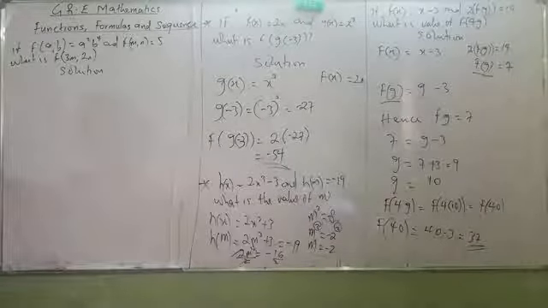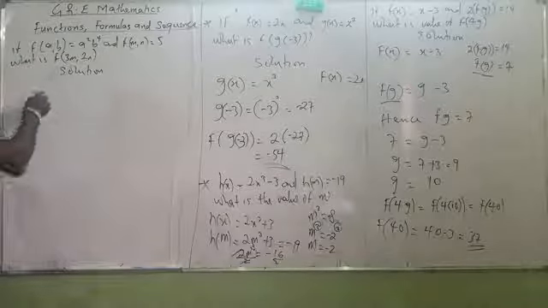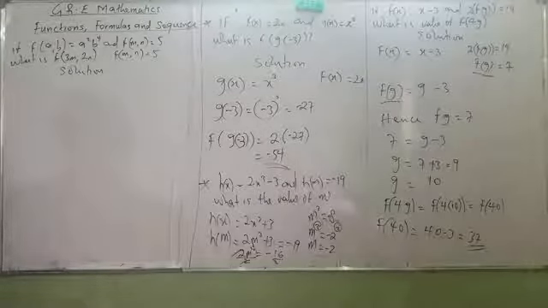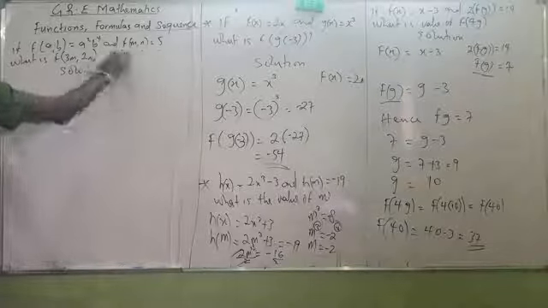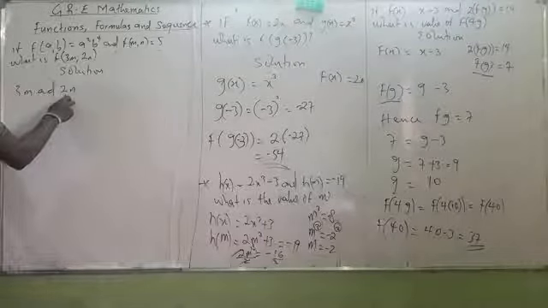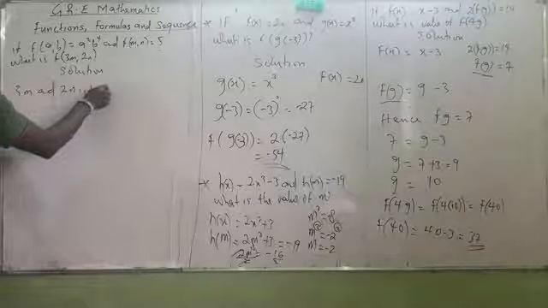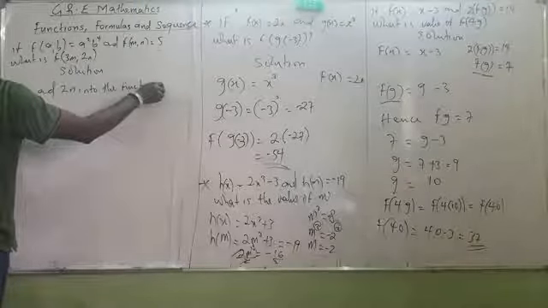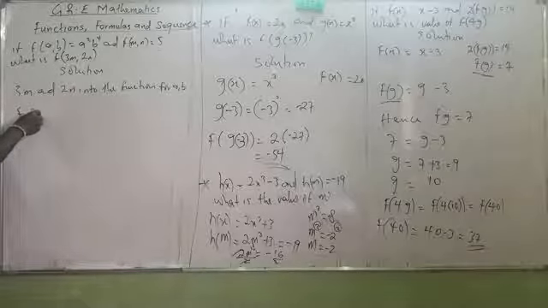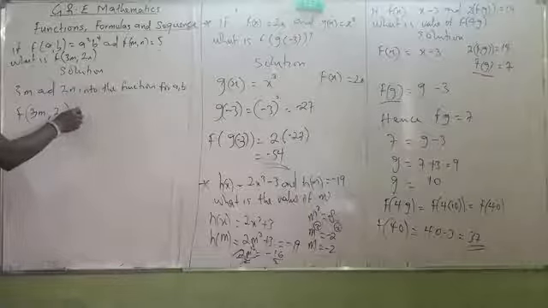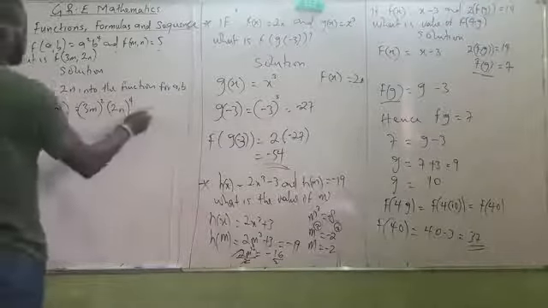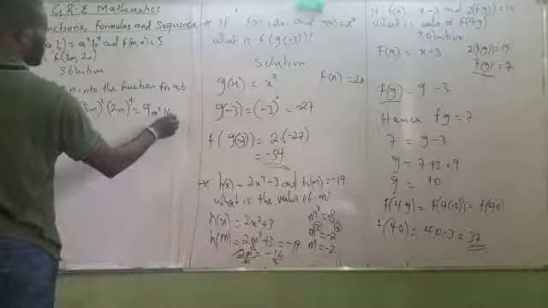They said that f of m comma n equals 5. Now, for the second part, f of 3m comma 2n. Into the function for a comma b, I'll be having f of 3m comma 2n equals 3m squared times 2n to the power 4, which gives 9m squared and 16n to the power 4.